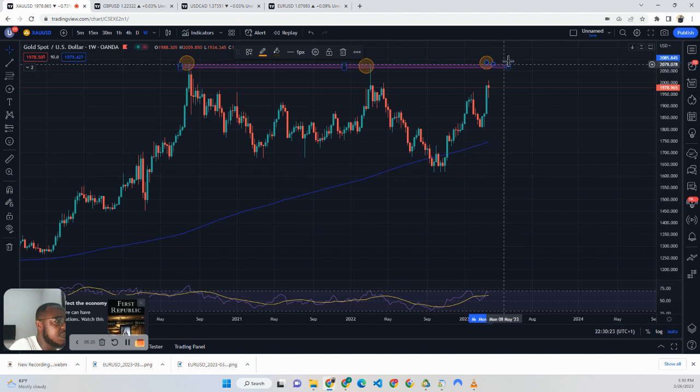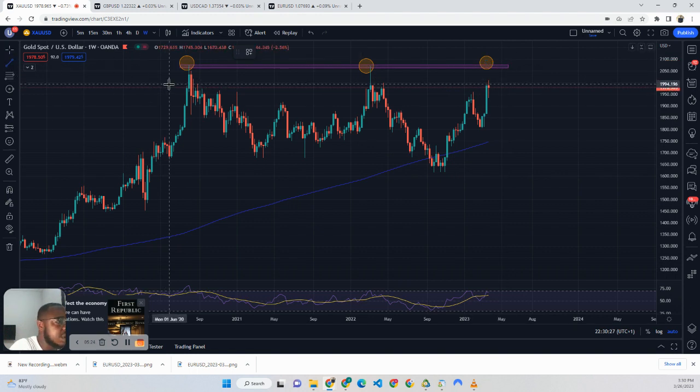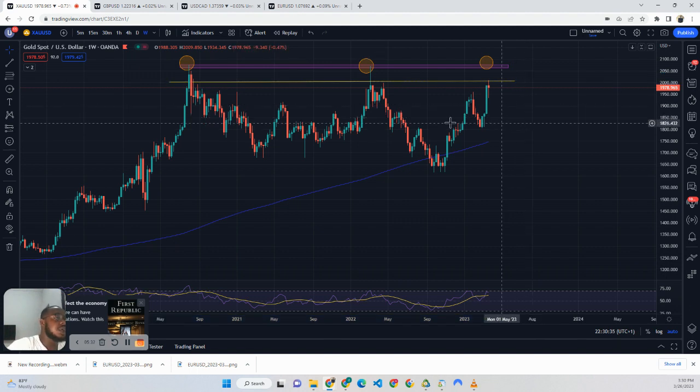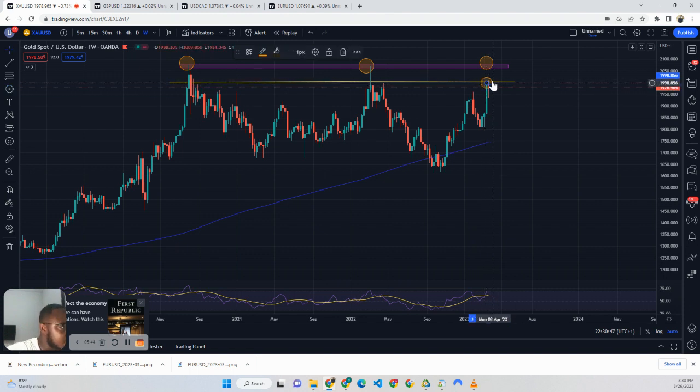So this is our expectation on the 1 week, and this is the current zone the market is on now. Having expected this test, 1, 2, 3, at this 2000 zone, let's focus on this very zone to see what it's trying to do this week.